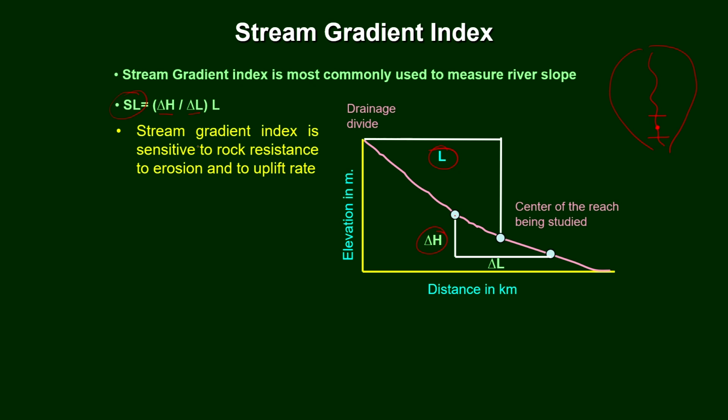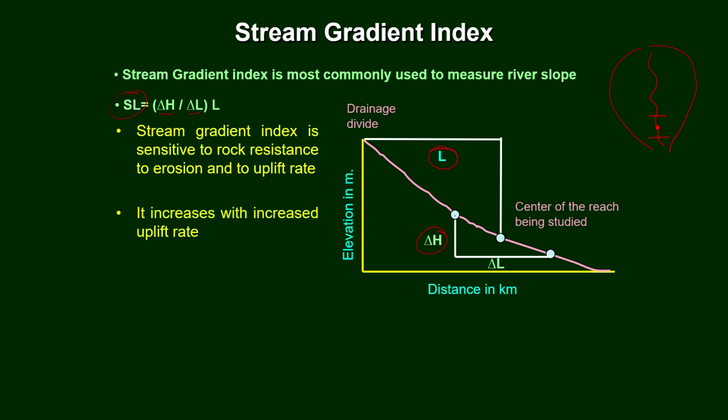Stream gradient index is sensitive to rock resistance, to erosion and to uplift. So, this will also tell about the incision in the area, and whether it is triggered by uplift or is related to subsidence.